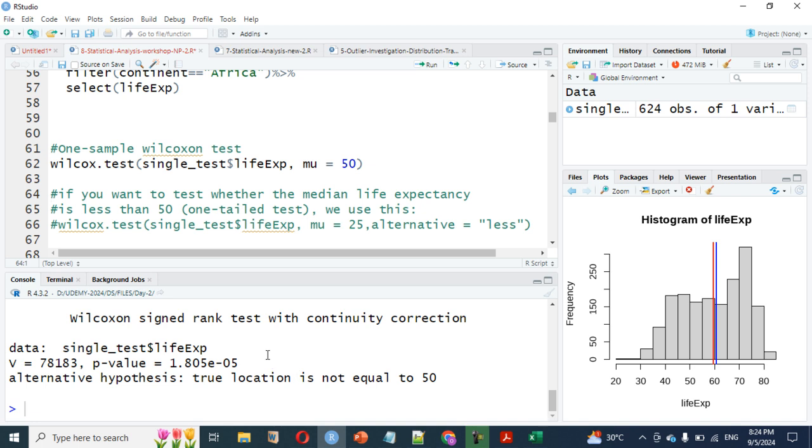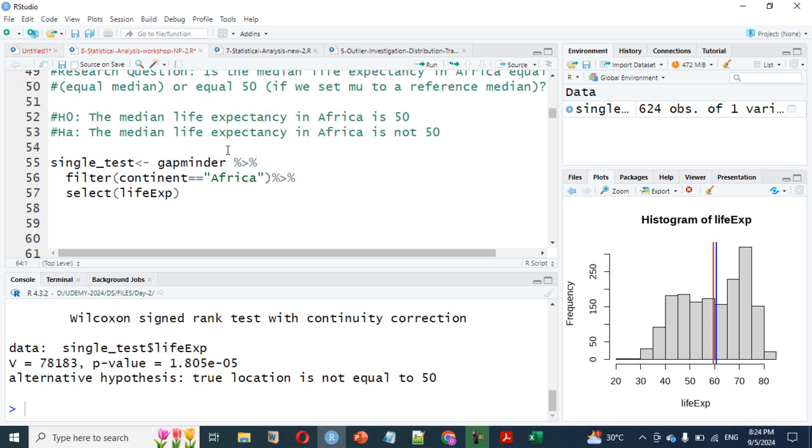So this is our result. We have a very significant p-value, and the alternative hypothesis says the location is not equal to 50. We can go back to our hypothesis: the null is that the median life expectancy in Africa is 50, and the alternative is that the median is not 50.